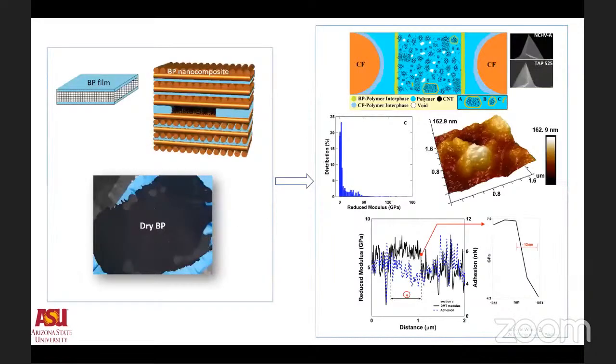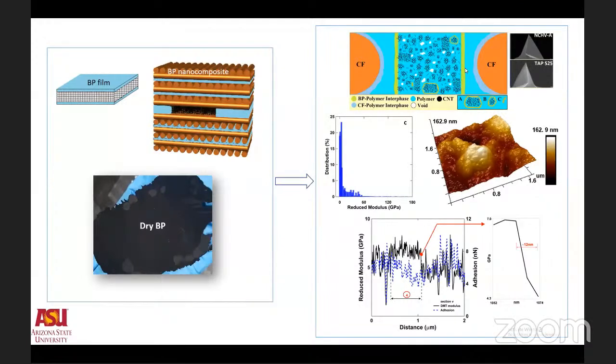First, we'll take a look at what we are going to talk about today. Briefly, I'm going to discuss the fabrication procedure for the bucky paper membrane and two-phase and three-phase nanocomposites. Then we will talk about the main goal of this talk, which is the interface around the CNT network and the interface between the bucky paper, when we look at it as one constituent, and the surrounding polymer.